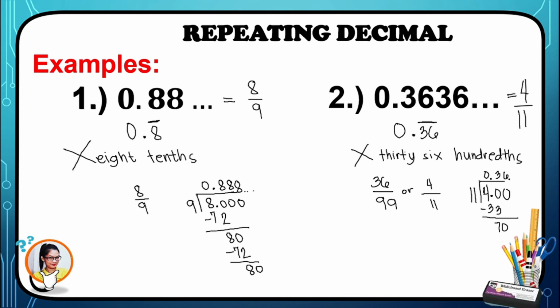So we'll have here 6. 6 times 11 is 66. 70 minus 66, we will have 4. Then we'll bring down 0. So we'll have here again 3. Then we'll have 33. Then we'll have 7. We bring down 0.